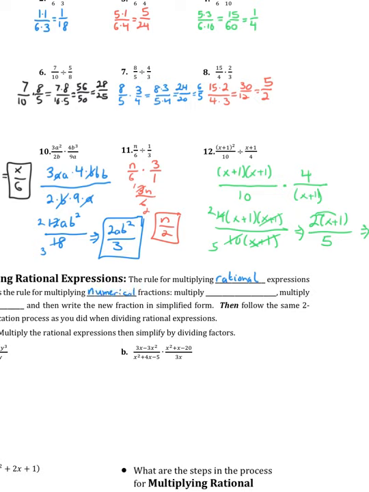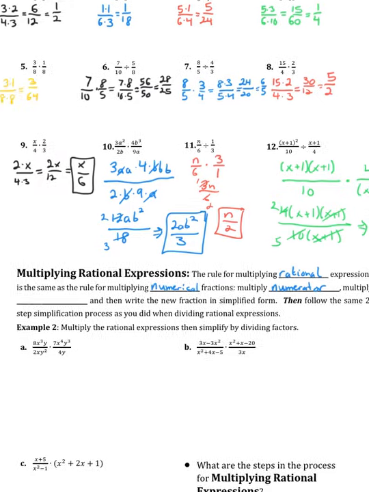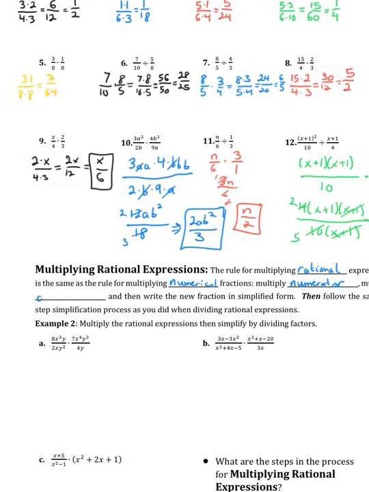All right, just like what we saw in problems 1 through 8, we follow the exact same rules in 9 through 12. We're going to multiply the numerator. We're going to multiply the denominator. And then we're going to write the new fraction in simplified form.